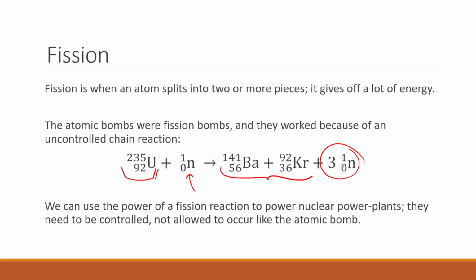Those 3 neutrons then loop back around and hit 3 more uraniums, causing those 3 to break down and release 9 more neutrons. And then those 9 neutrons loop back around and they hit 9 more uraniums, and they cause this to happen again, giving off 27 more neutrons, which then loop back around and hit 27 more uraniums, giving off another set of neutrons.